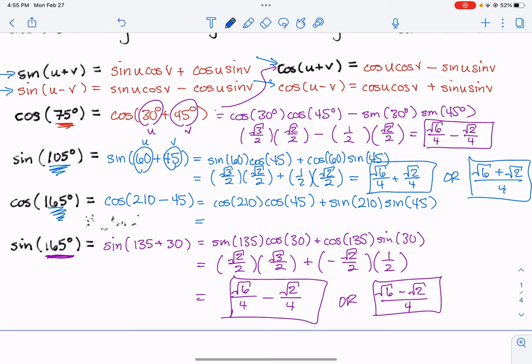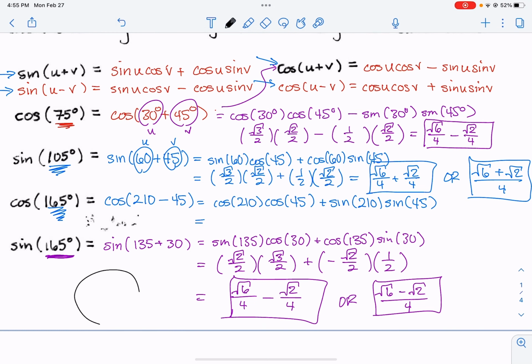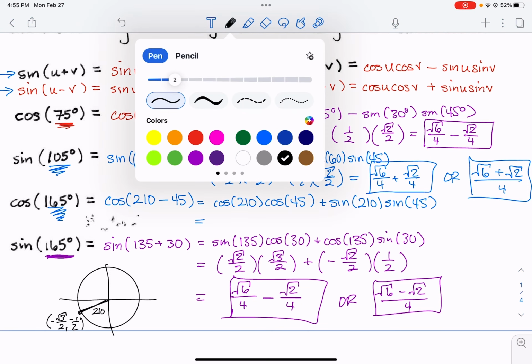And you've really got to think about your unit circle values here. 210, just to put it in perspective, if we draw a little unit circle, 210 is around here. That's 210. And the coordinates here are negative root 3 over 2 and negative 1/2. So keep that in mind for this problem.